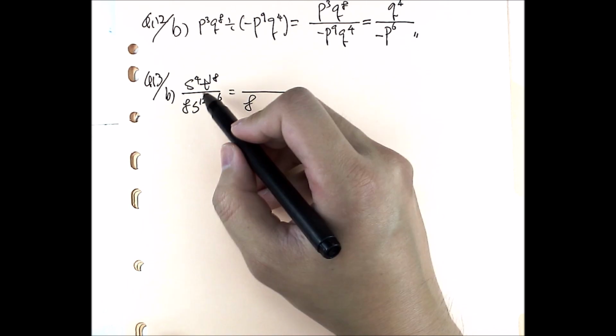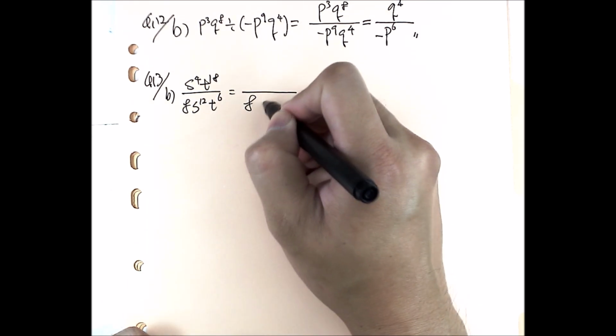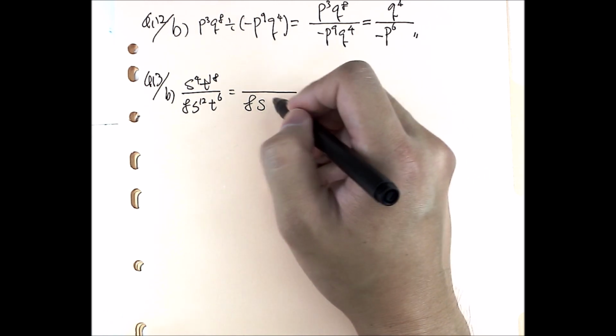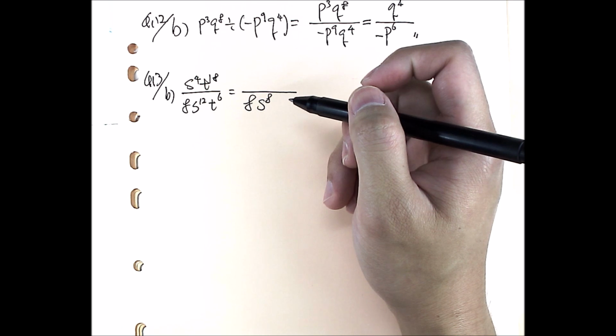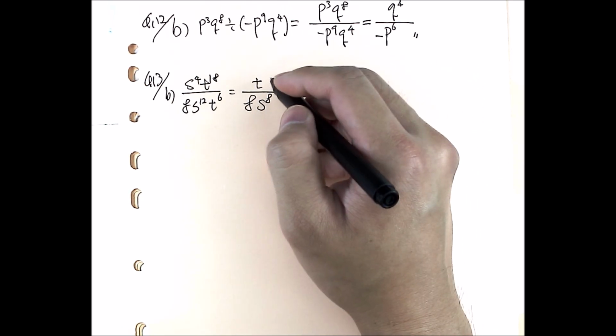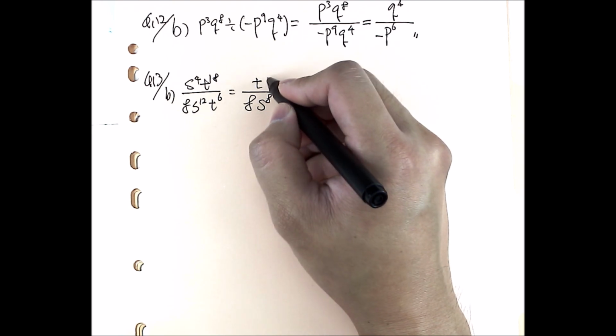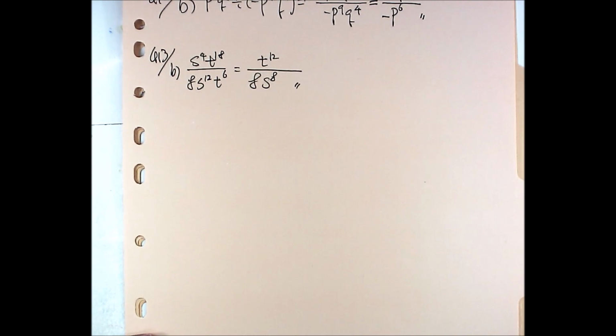So for the s, it's to the power 12, right? 12 is bigger, so your result is at the bottom. 12 minus 4 is 8, understand? So for the t, 18 is bigger, right? So it should be above. 18 minus 6 is 12. Then this is the answer. Understand?